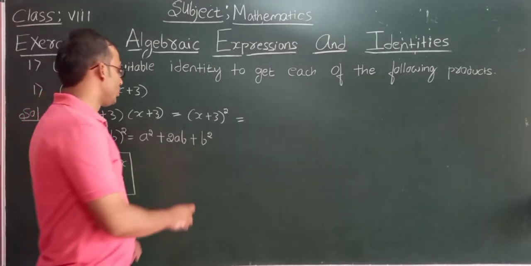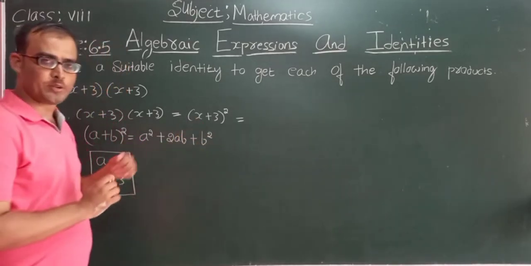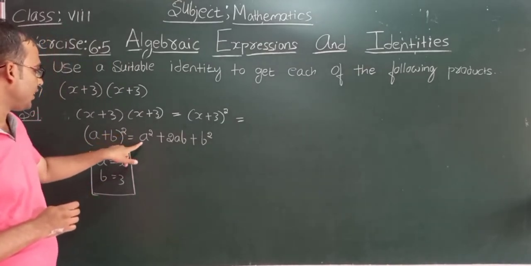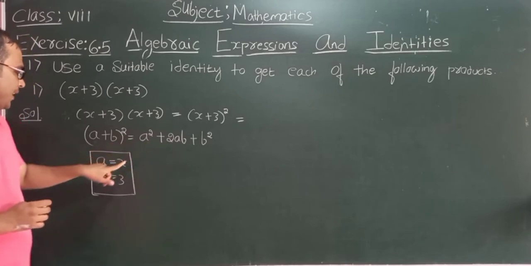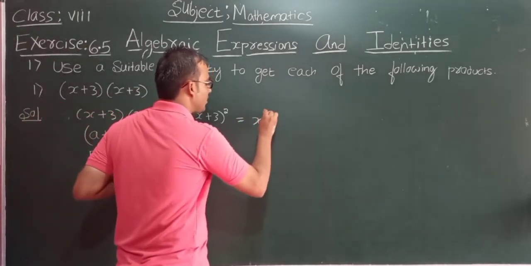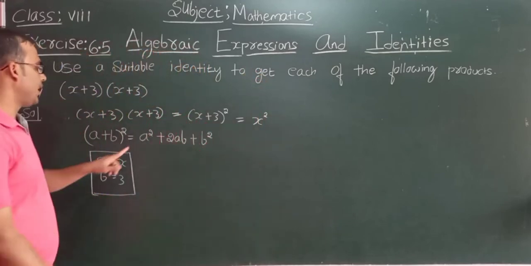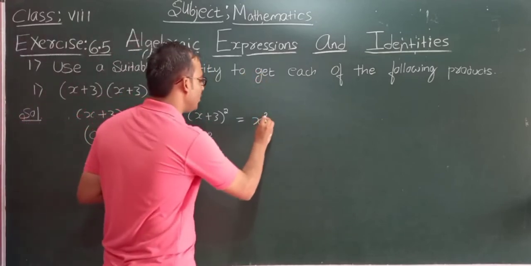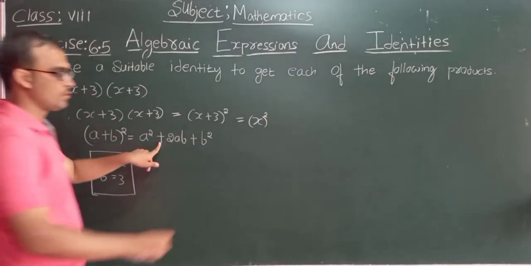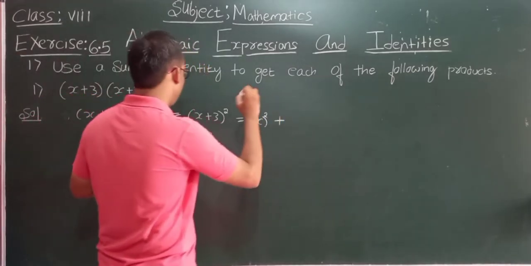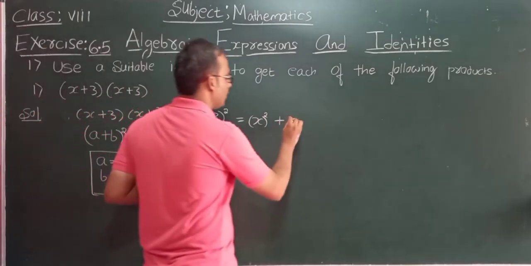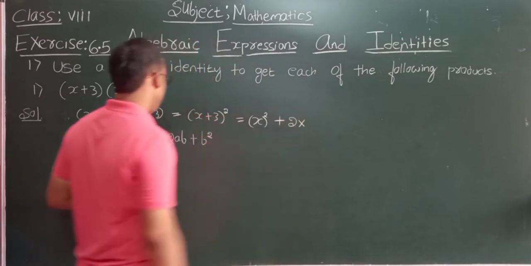Now we'll substitute these values according to the formula. Now here, (a plus b) whole square is what? First a square, and what is meant by a here? x. It means x square. Okay, a square means x square. Next plus 2 into ab, that is 2 into a into b.